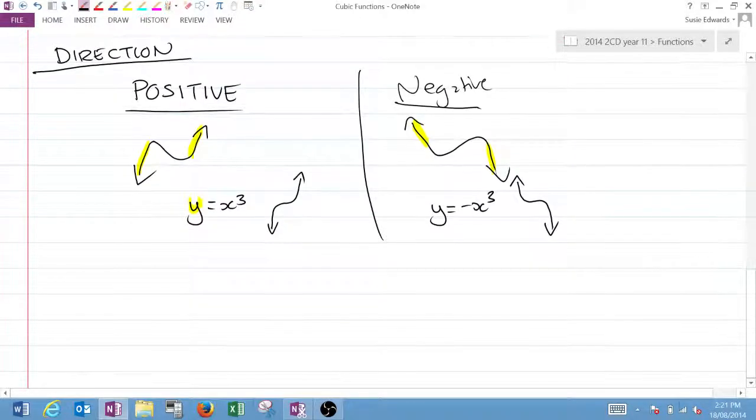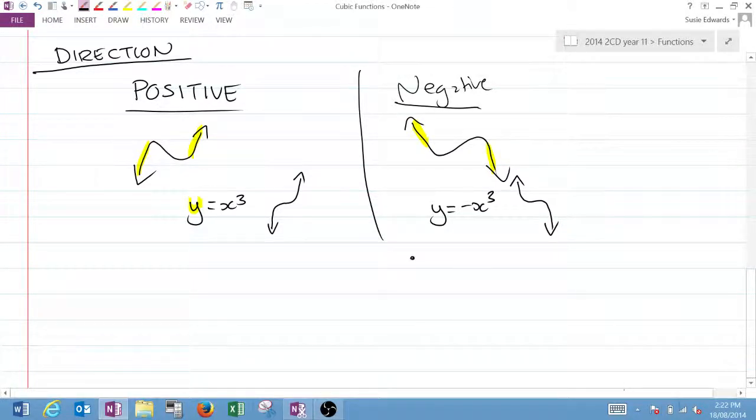Alright, so how do you think from an equation I can tell if it's negative or not? Good.